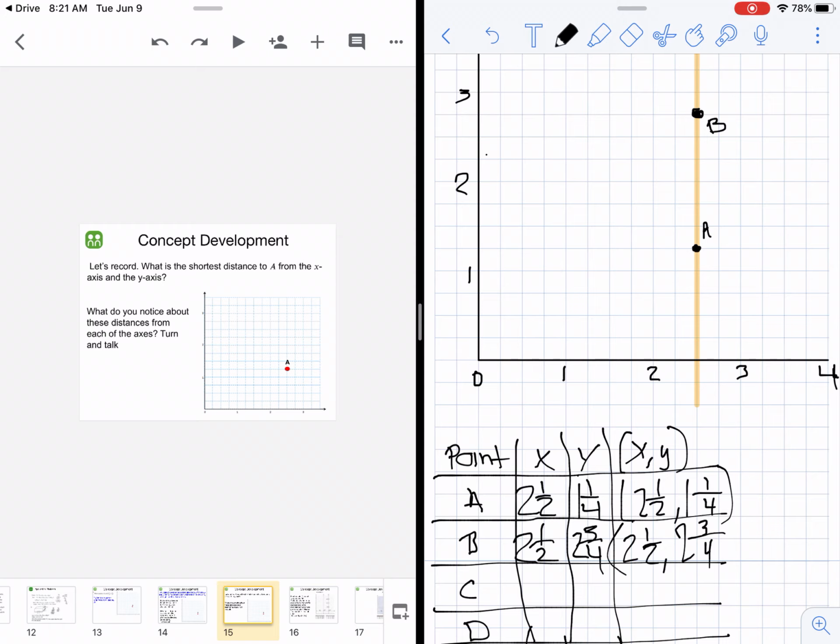Fill it in the graph, or fill it in your chart. Point C is halfway between A and B. This is going to be C. C is still going to have the same x-coordinate, 2 1/2, and its y-coordinate is 2.